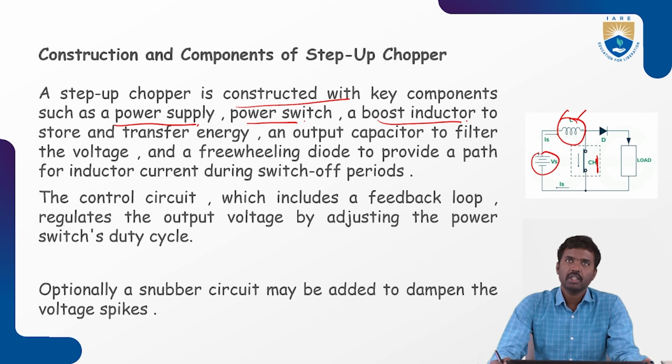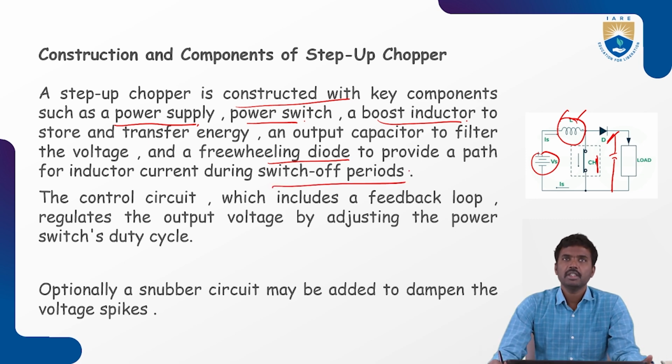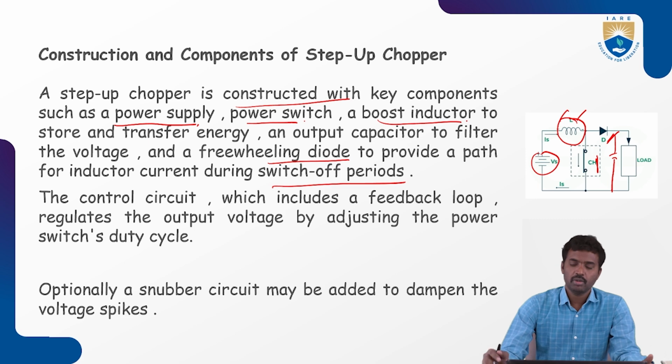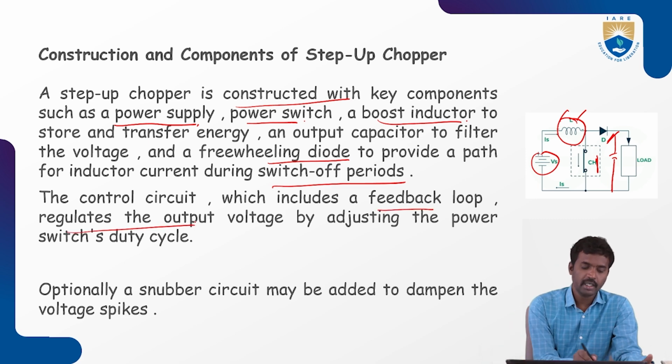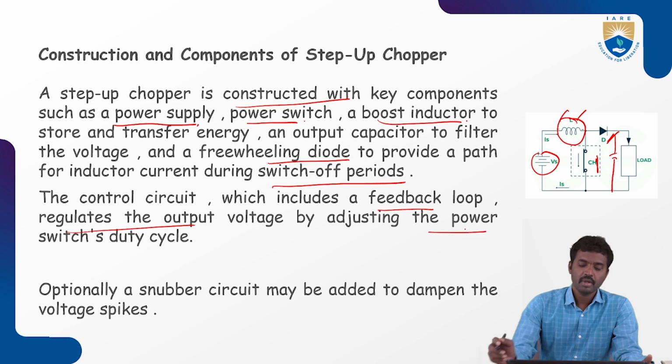One output capacitor is used to filter the voltages, and one freewheeling diode provides the path for the inductor current during the switch-off periods. The control circuit includes a feedback loop and regulates the output voltage by adjusting the power switch.